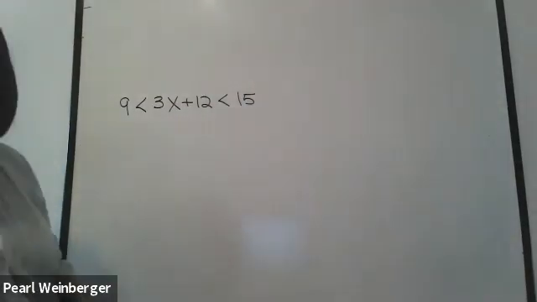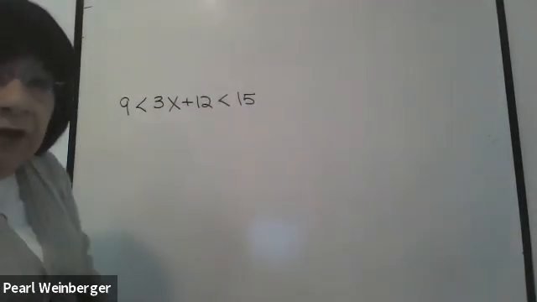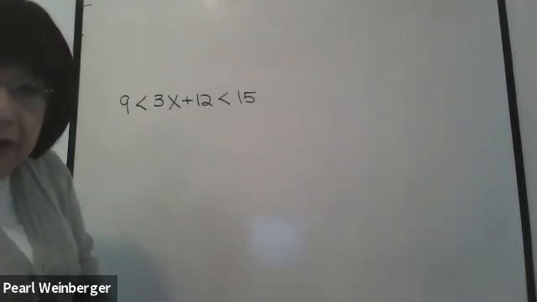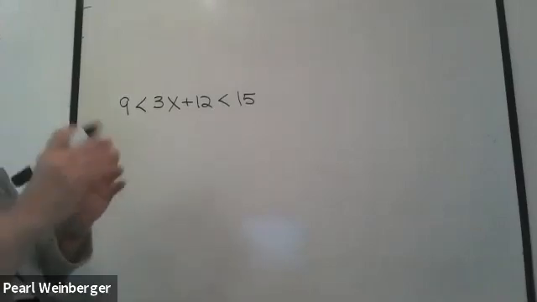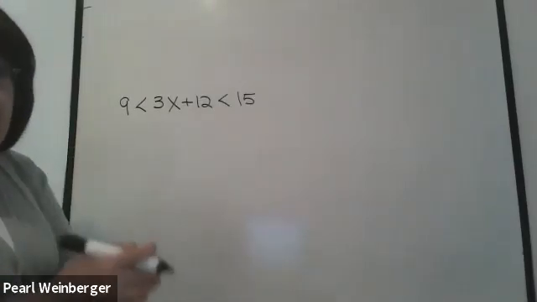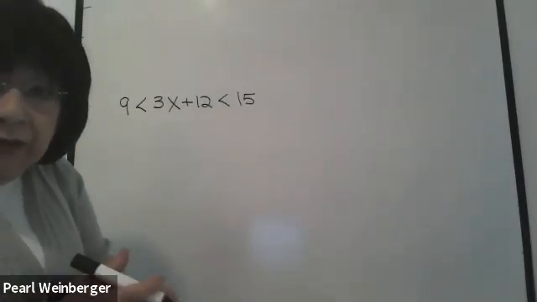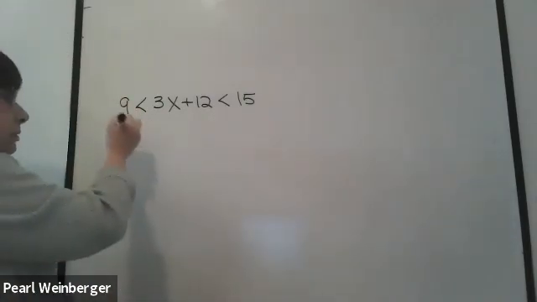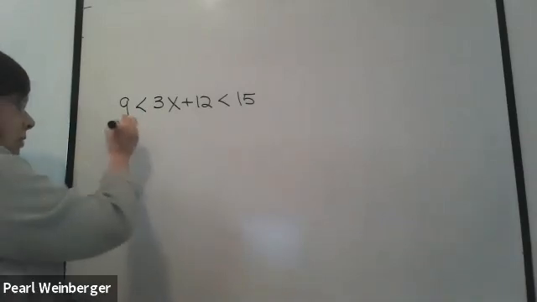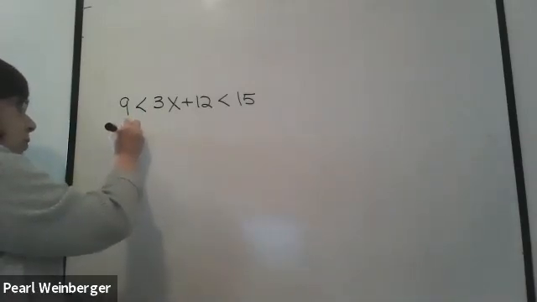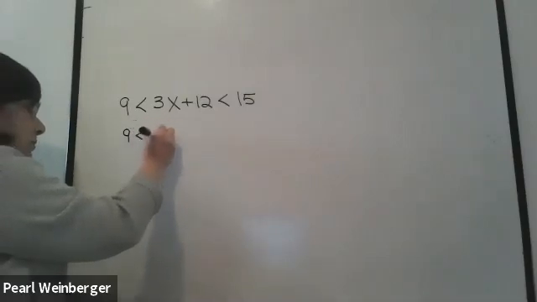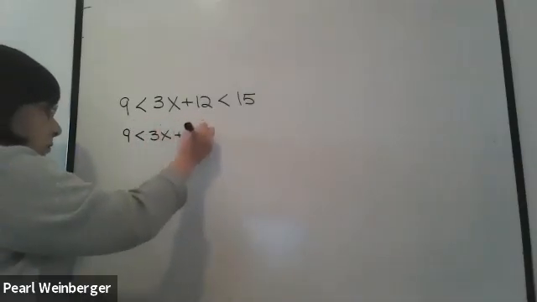Actually, it's sort of a shortcut of writing two things. I'm going to show you what it means, and then I'm going to show you the easy way to solve it. What this really means is that there are two inequalities being done here. One inequality is 9 is less than 3x plus 12.